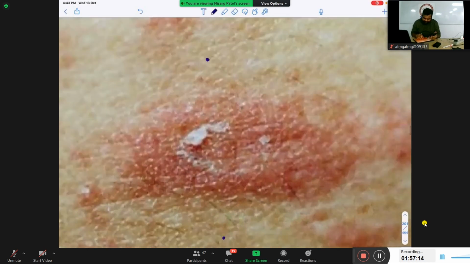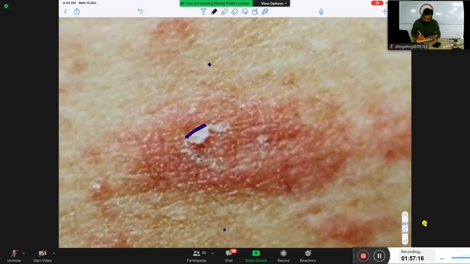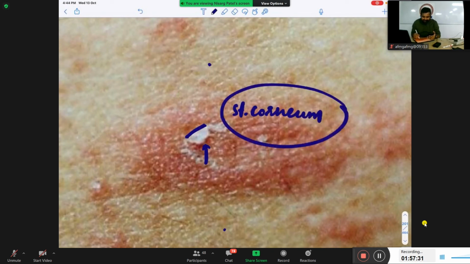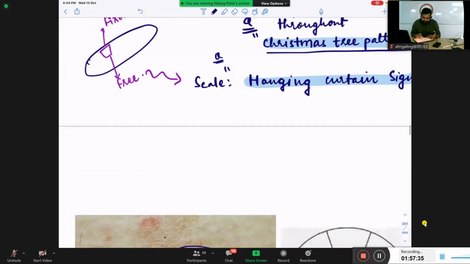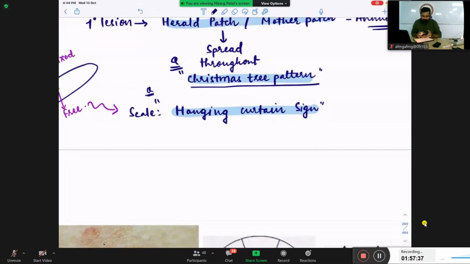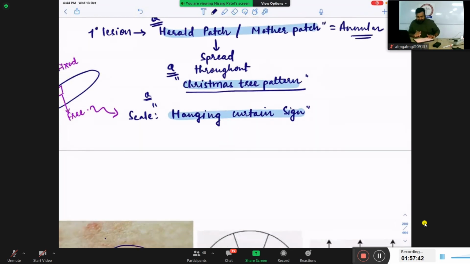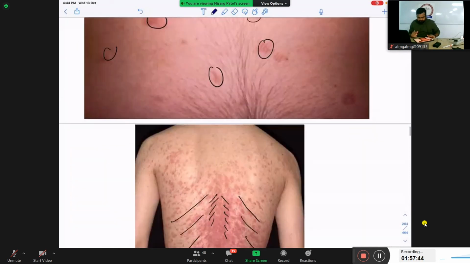Can you appreciate that this border is fixed on the skin, attached to the skin, but this border is generally free? These are the flakes of the stratum corneum, right? Because of this, the scale is hanging on my skin, so that is why this scale is known as a hanging curtain sign. This scale is giving me a hanging curtain sign.